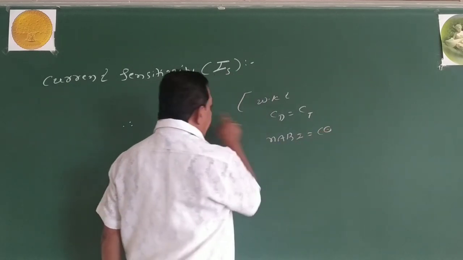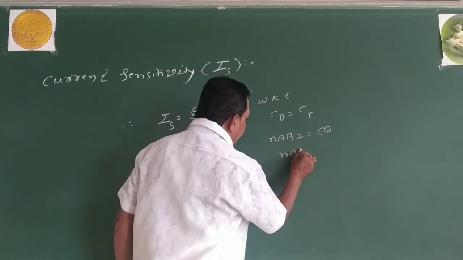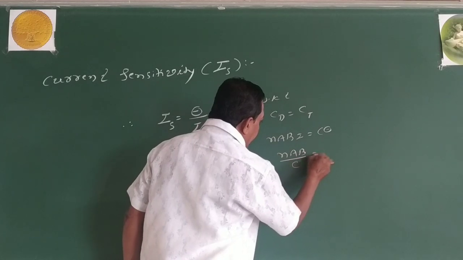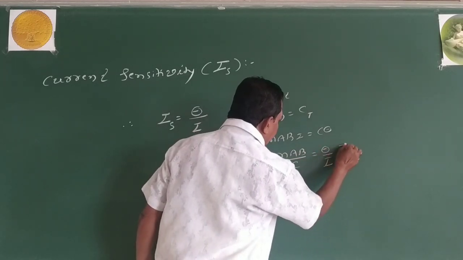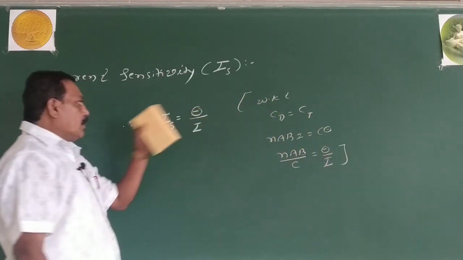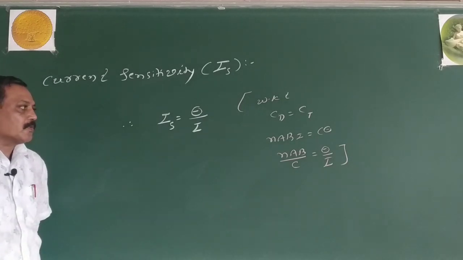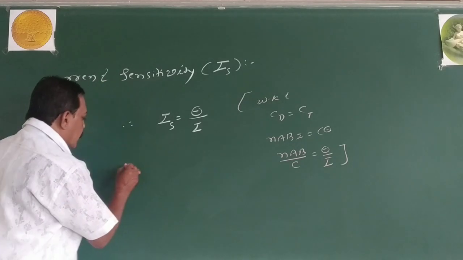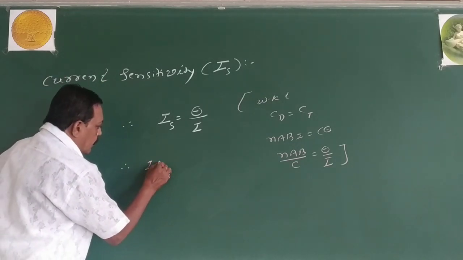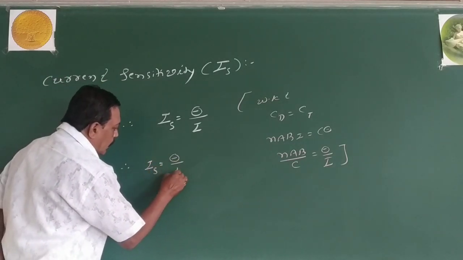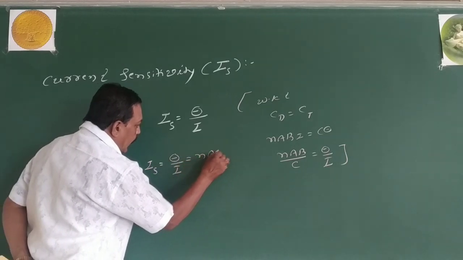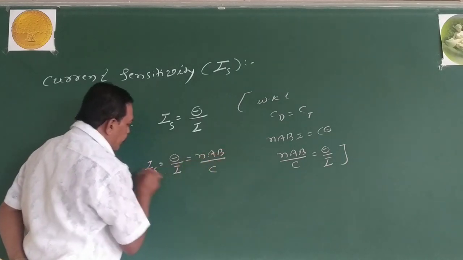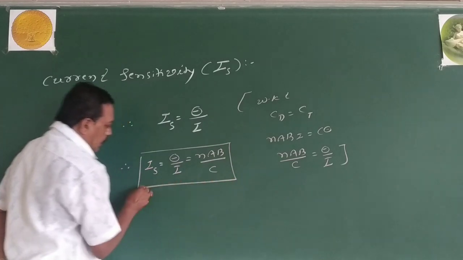I need theta by I, which is NAB divided by C. Therefore, current sensitivity Is equals theta by I equals NAB by C. This is our equation.